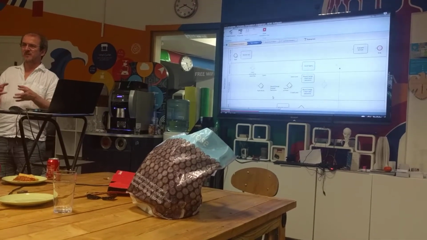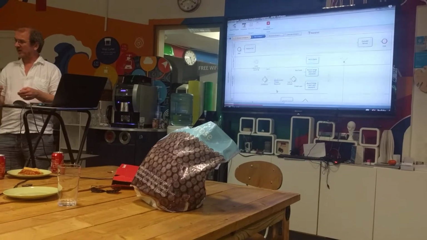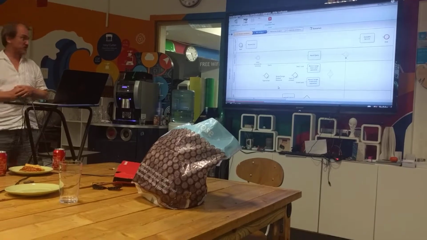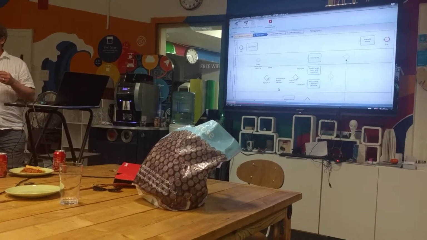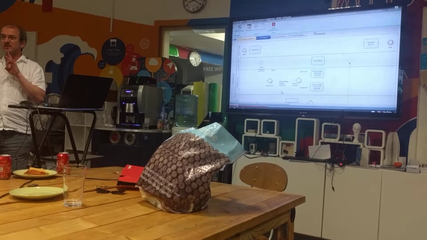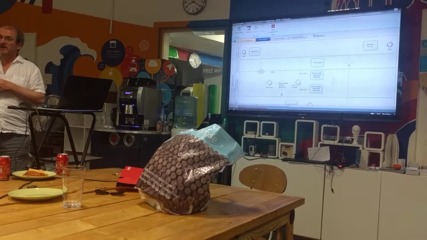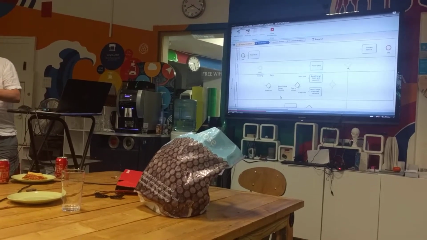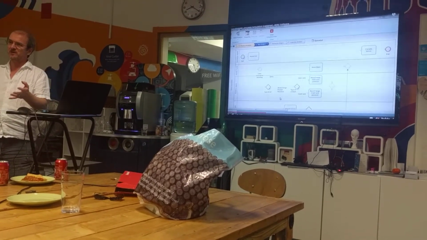So these are independent processes, as it were, that are being modelled in what they call swim lanes. So this is a pool, the pool being an entire process, but the swim lanes being a thread of control, as it were, where information is being passed from one room to another.